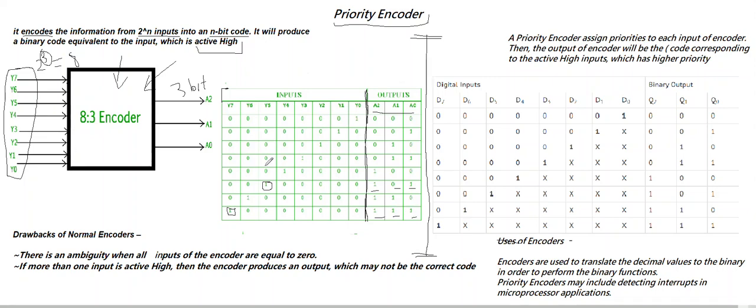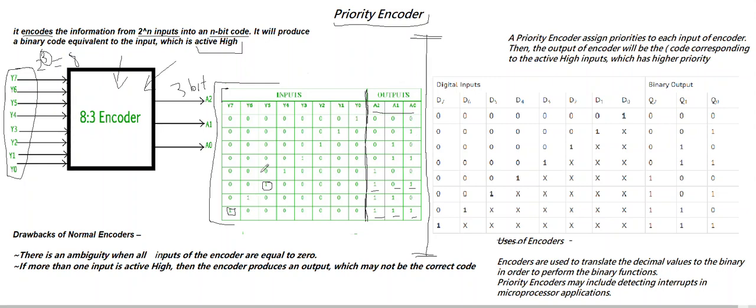Now let's see what the disadvantages or drawbacks of this normal binary encoder are. One thing to see is that only one input is active high at a time. What will happen if two inputs are high? Will this 8 to 3 binary encoder produce a correct output?